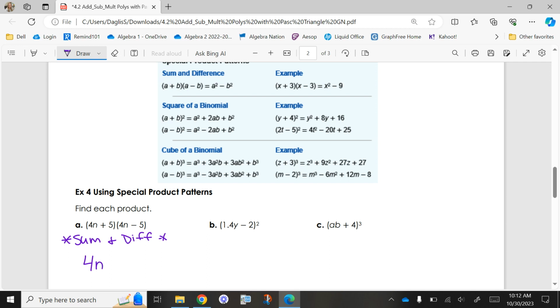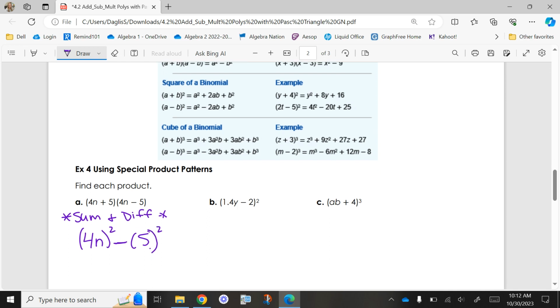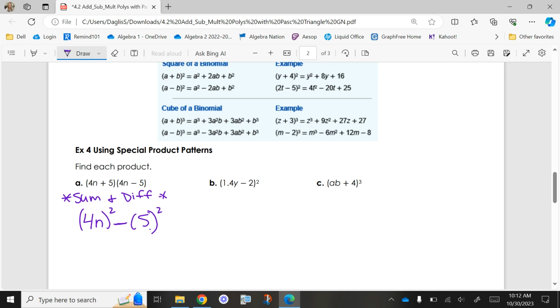So be careful, 4n is technically your a. Your first piece is your a, your second piece is your b. So what is 4n squared? 16n squared. And then what's 5 squared? 25. So it becomes 16n squared minus 25.